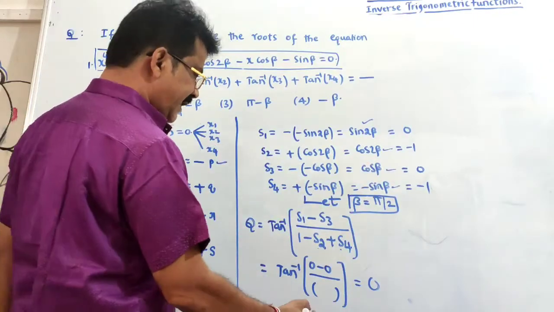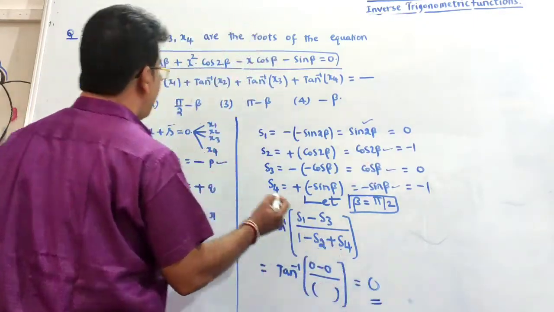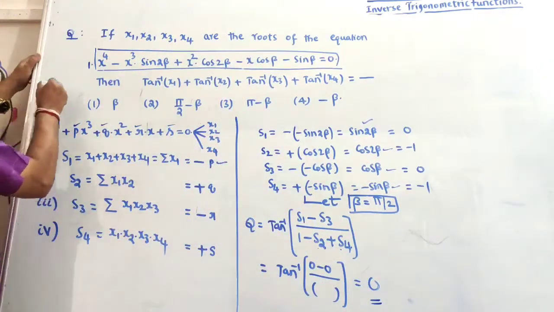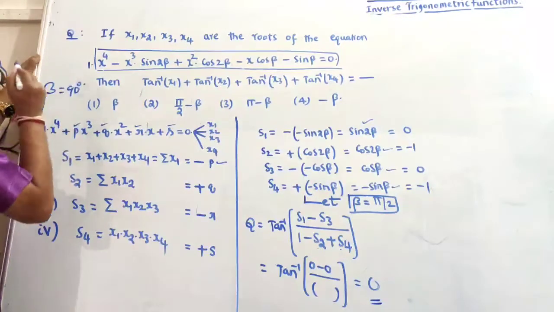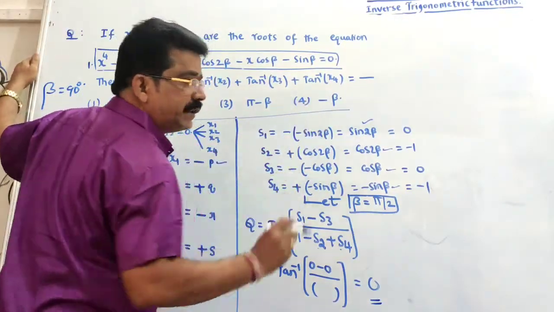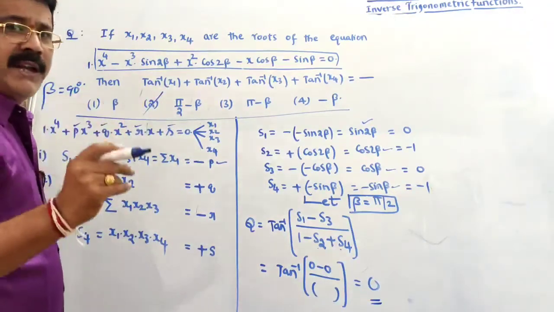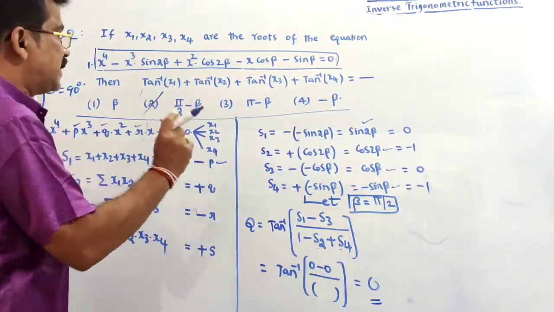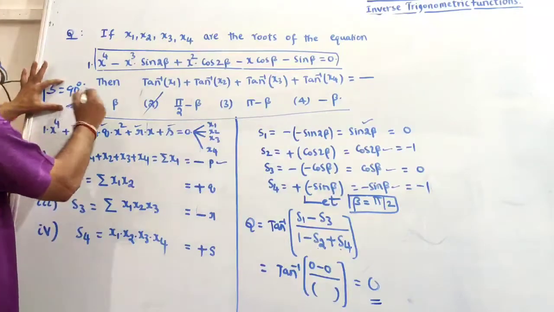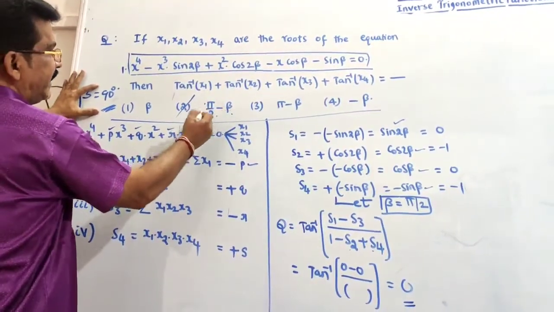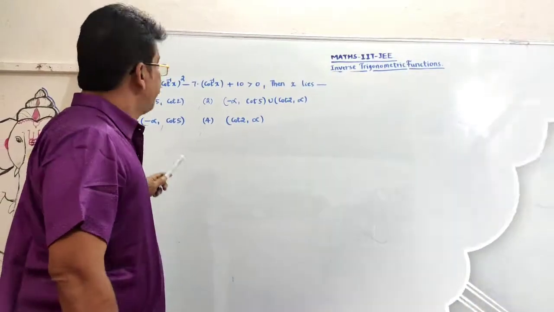Okay, the answer is 0. So on putting beta equal to 90 degrees, which option gives 0? Only the second option, 90 minus 90, gives 0. Hence the answer.